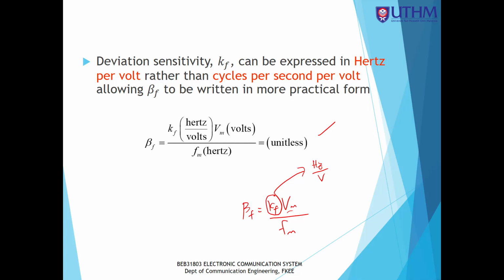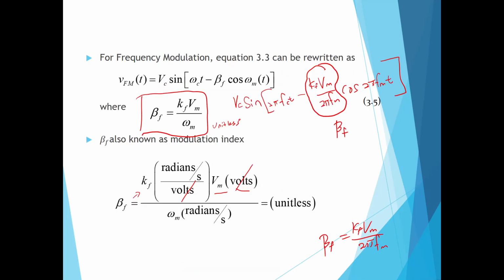Okay, so if the kf is in terms of hertz per volt, you need to use these equations to find the beta f. This is similar to this one, but for this one we divide the denominator and the numerator with 2 pi.